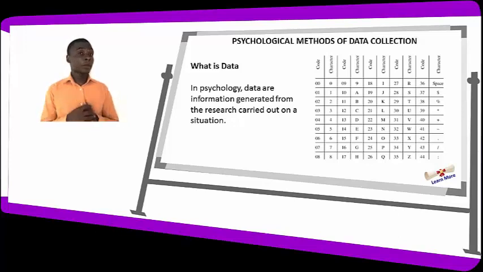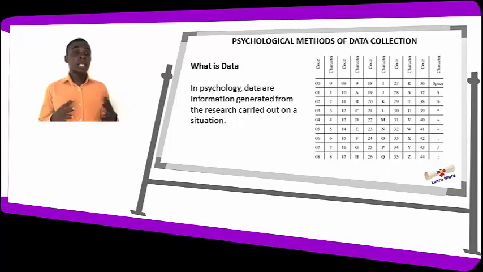The response they give back to us is what we call data. The whole process of going out, giving them the test or questionnaire, then getting back the instruments we used, is called data collection.